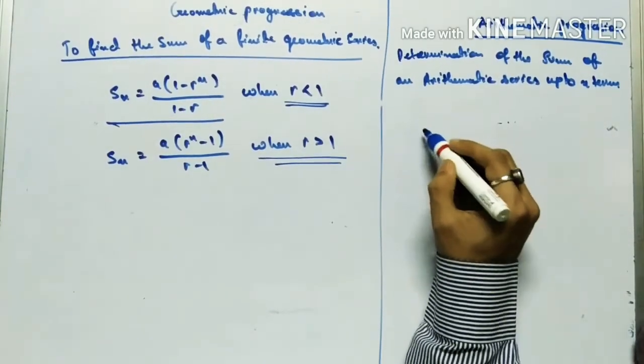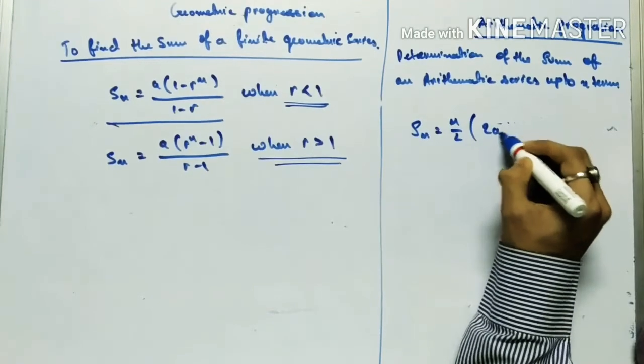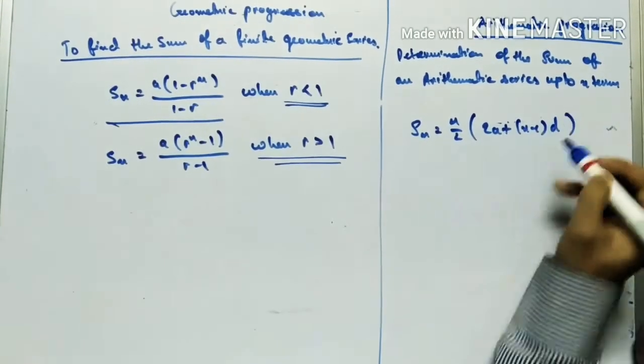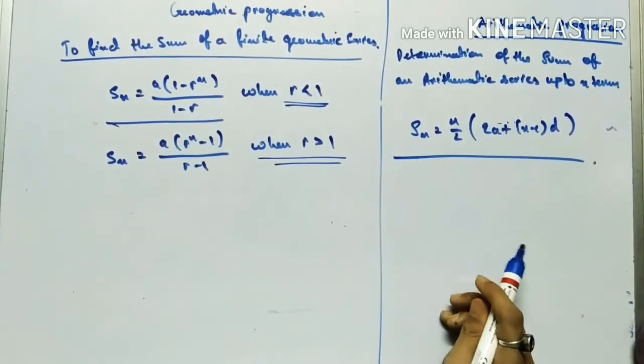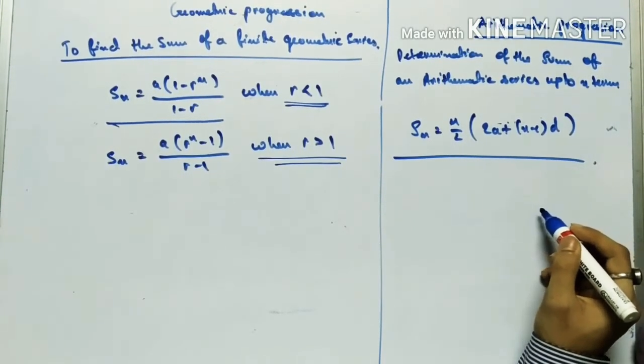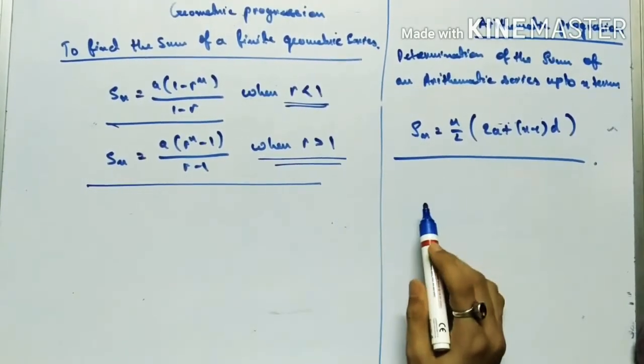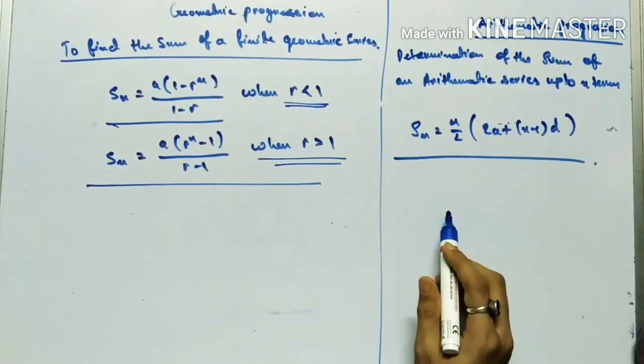It was given by only one formula, Sn is equal to n by 2 into twice A plus n minus 1 into d. So these are the differences between geometric progression and arithmetic progression.